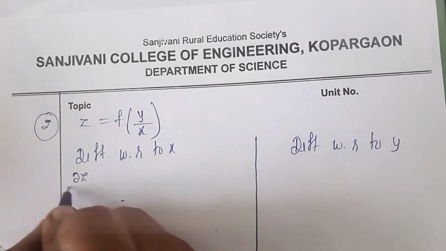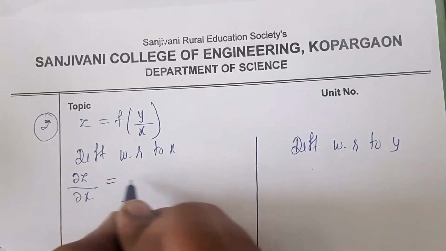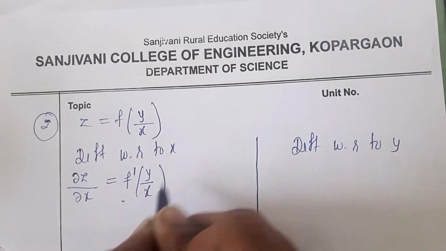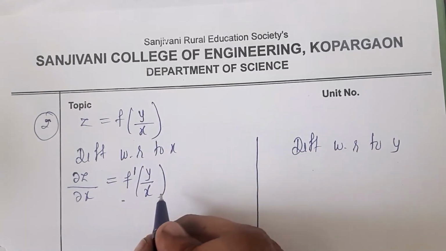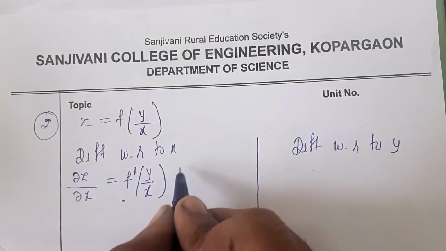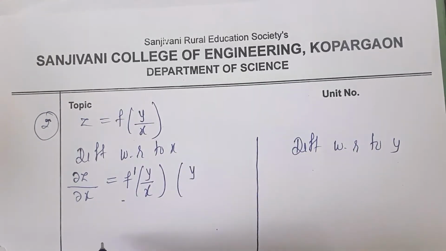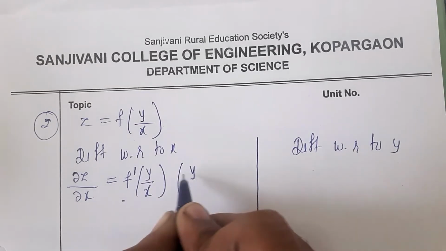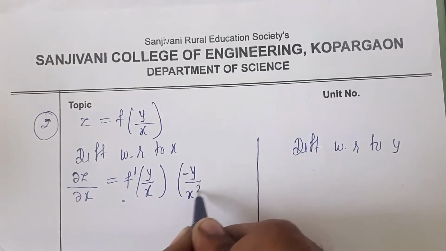So the derivative of z with respect to x, del z by del x. The derivative of f becomes f dash of y by x, and then the derivative of y by x with respect to x: y is a constant term, we write it as it is, and the derivative of 1 by x is minus 1 upon x square.